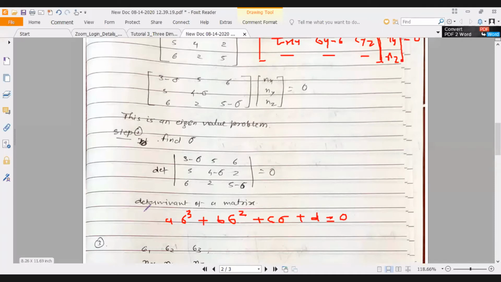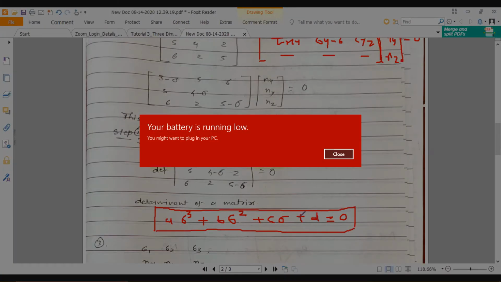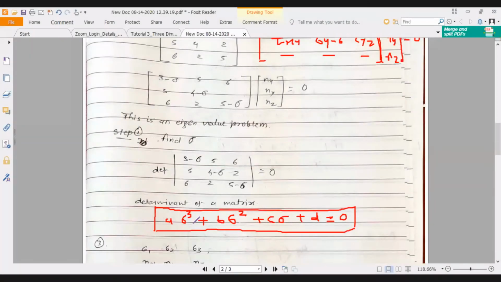This is the general form of the cubic polynomial. Either you can solve this kind of equation manually, or you can directly feed these coefficients into the calculator, and you come up with three values of principal stress: sigma 1, sigma 2, and sigma 3.